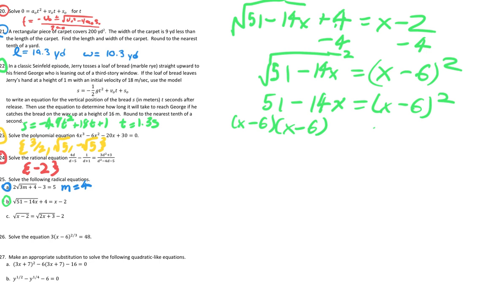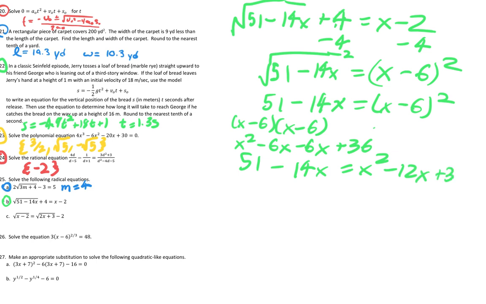So x times x is x squared, x times negative 6 is minus 6x, minus 6x again, negative 6 times negative 6, so we're going to have plus 36 here. So now we have 51 minus 14x is equal to x squared minus 12x plus 36.